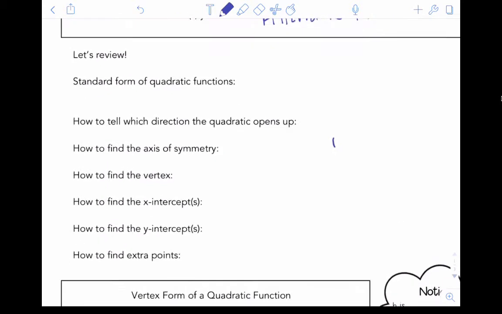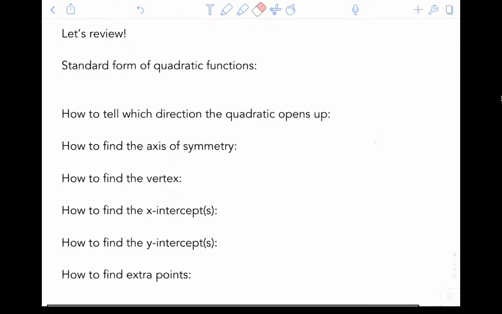Standard form of quadratic functions is the form y equals ax squared plus bx plus c, or if you write it in function notation, f of x equals ax squared plus bx plus c. The first part says how to tell which direction the quadratic opens.